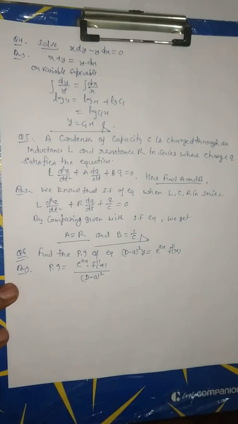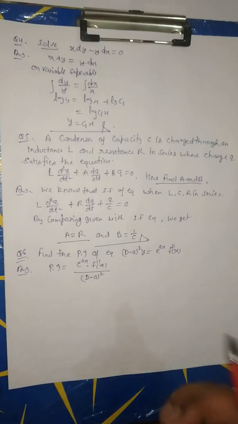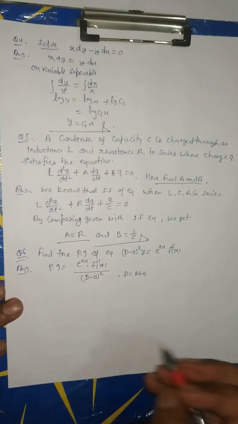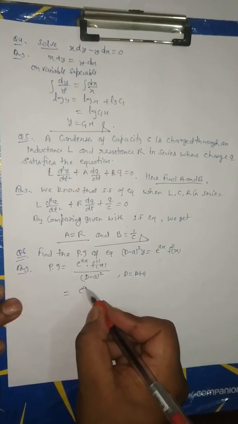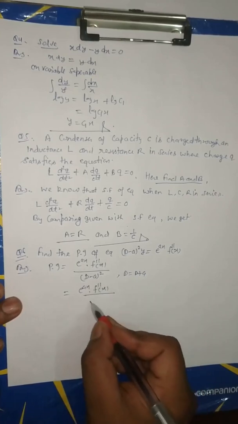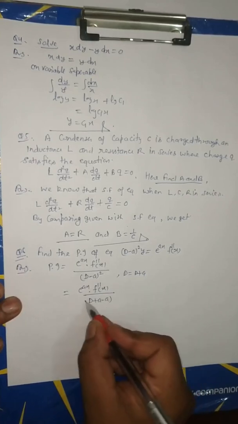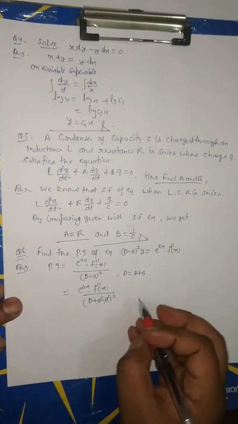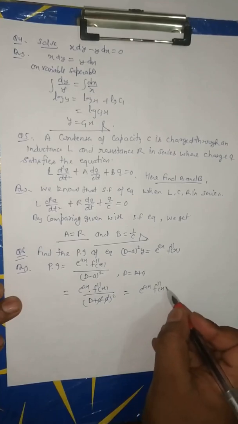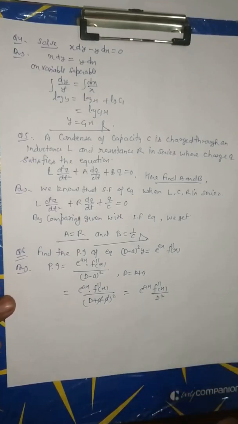e to the power ax multiplied by any terms. First we calculate PI of e to the power ax by putting D equal to D plus a: e to the power ax as it, f double dash x upon (D plus a minus a) whole square. This cancels by this. This is equal to e to the power ax f double dash x upon D square.